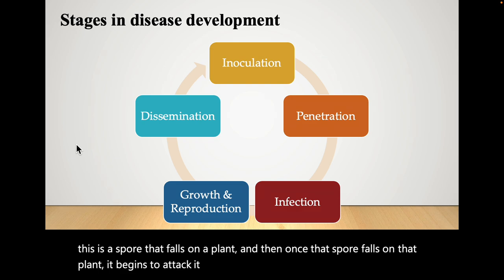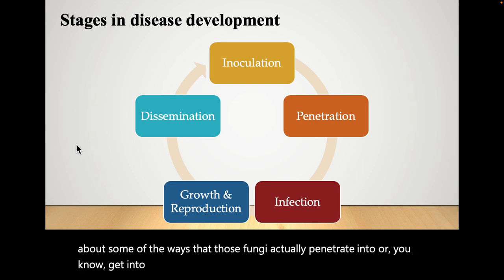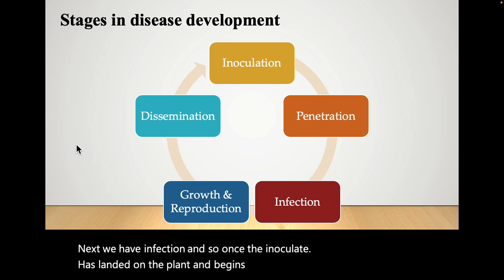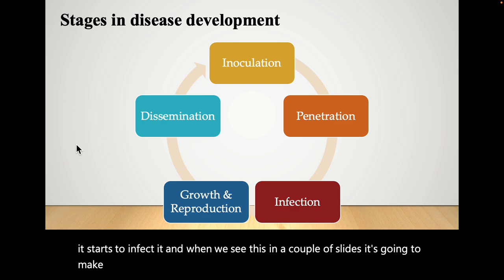Part of that attack is penetration, and we'll talk about some of the ways that those fungi actually penetrate into, or get into our plants. Next, we have infection. And so once the inoculant has landed on the plant and begins to penetrate, once it makes its way in, it starts to infect it. And when we see this in a couple of slides, it's going to make sense.